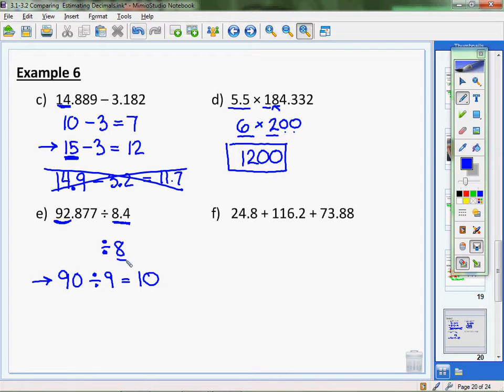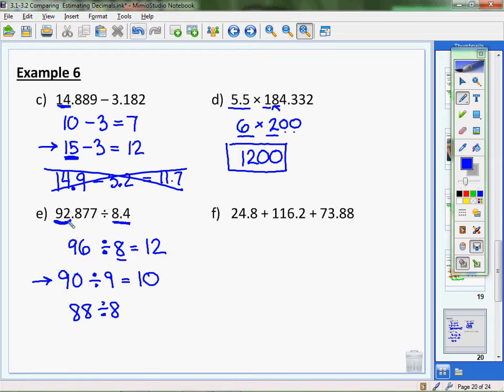But let's go back to 8, just in case you wanted to look at that. There are two numbers that I would say would be good to use for this. You could say 96, if you know that one. 96 divided by 8 is 12. You could also go down to 88. Because 96 is a little more than 3 away, and 88 is a little bit more than 4 away.